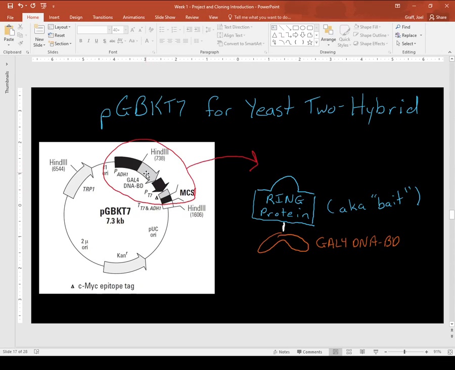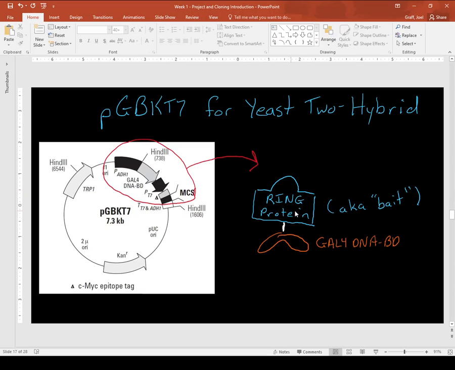So what happens here is that we create a Gal4 DNA binding protein, shown in orange. Then there is some extra sequence between that Gal4 DNA binding domain and where we inserted our gene. That sequence is represented with the white connection line here. And then our gene of interest is cloned into the multiple cloning site.